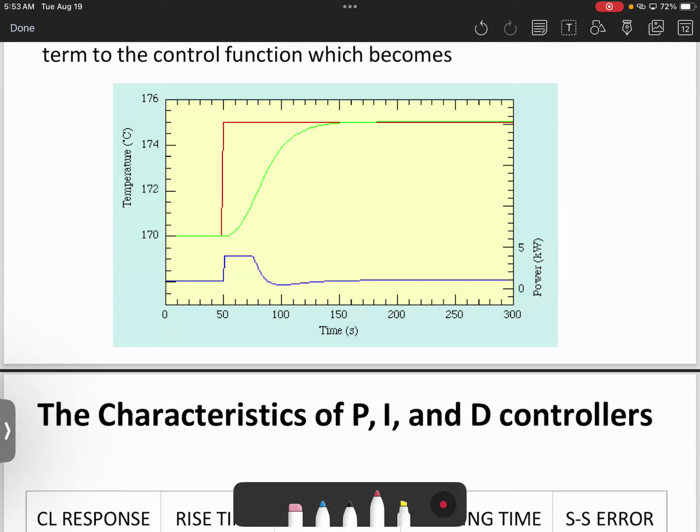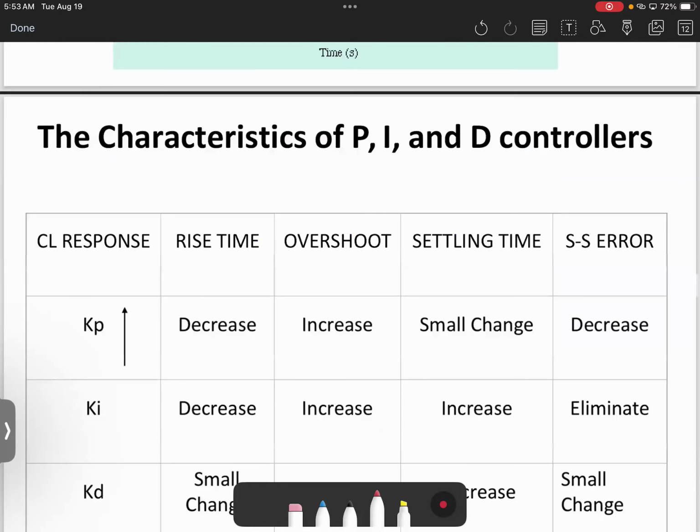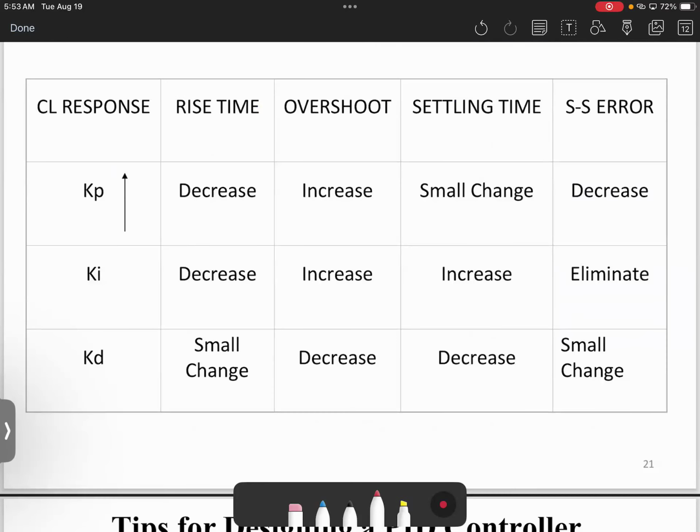P alone will run the system. Without P, the system will not run. I will remove the steady state error, while D will remove the overshoots. Look at this table; you need to memorize it. KP: if you increase it, the rise time will decrease, the overshoot will increase, settling time has a small change, almost no effect.